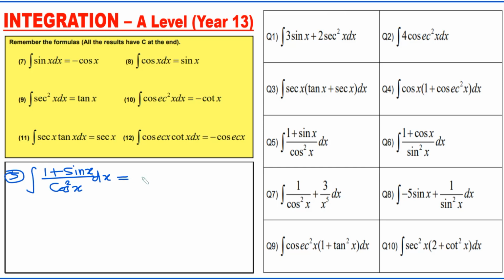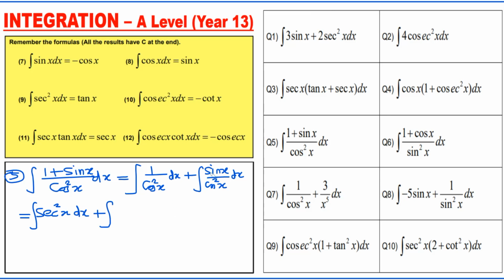I'm going to rewrite the formula into two parts as 1 over cos squared x dx plus sine x over cos squared x dx. 1 over cos squared x is sec squared x. So sec squared x integration dx plus integrating sine over cos is tan, 1 over cos.